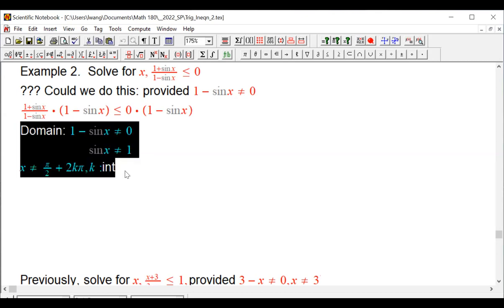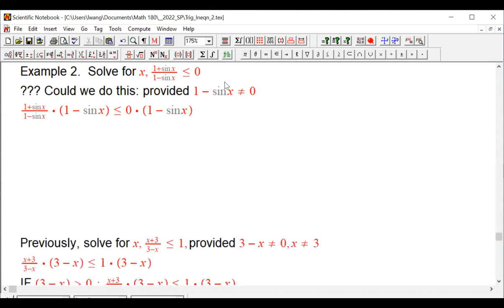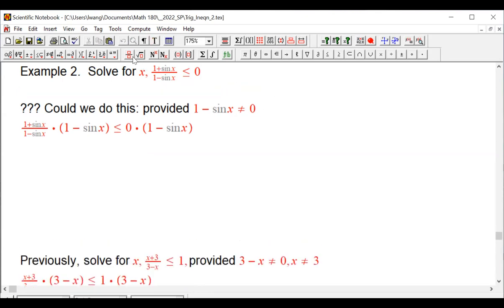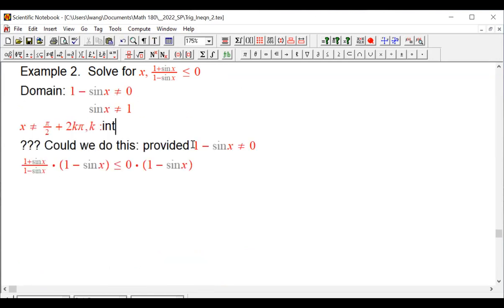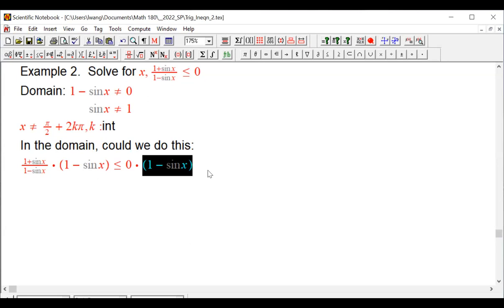We're going to put the domain assumptions right here, so that piece is guaranteed. So in the domain, could we do the following? That means, do we know the sign of 1 minus sine x?